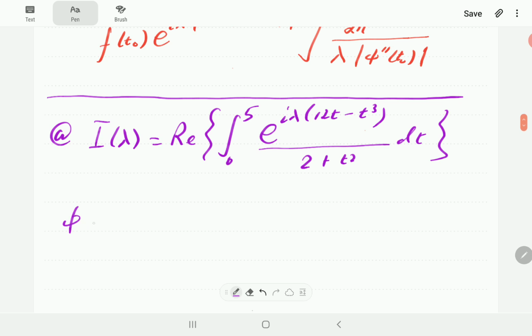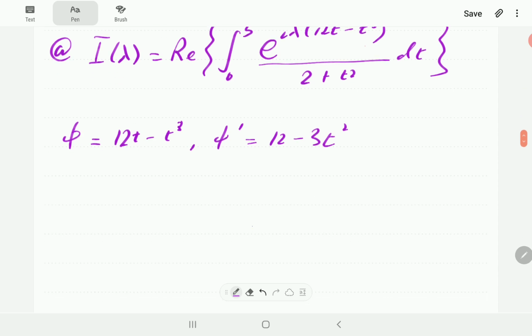Then our phi is going to be 12t minus t cubed. So phi prime is going to be 12 minus 3t squared. The second order derivative is going to be minus 6t.